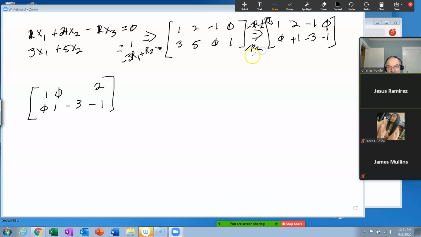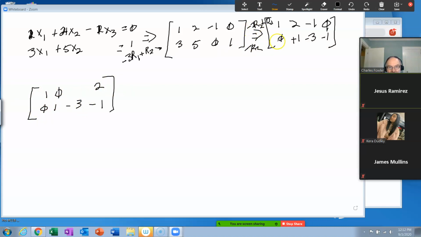I just negated row 2, made that plus, that minus, and that minus. I said it, I didn't write it down. I was just saving steps. I should not have done that. Here's where I made my mistake.